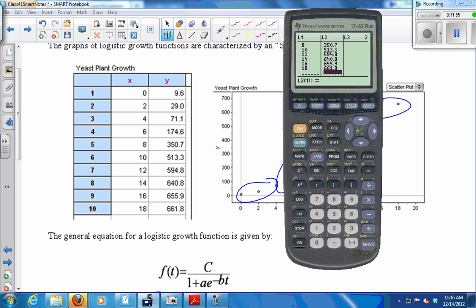So there's my scatter plot. It looks like an S, so I'm going to do a logistic regression.